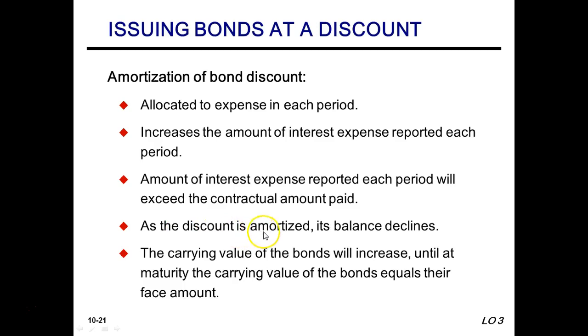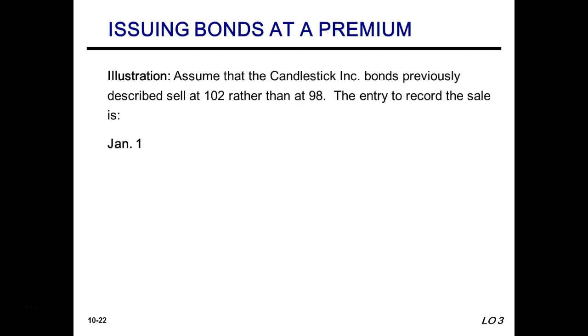As the discount is amortized, remember we're going to take that $2,000 and spread it over the life of the bond until its balance declines. The carrying value of the bond will increase until at maturity the carrying value of the bond equals its face amount. Okay, so that's important. So assume that Candlestick bonds previously sell at 102 rather than 98.